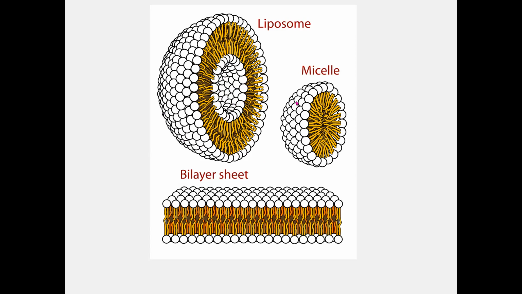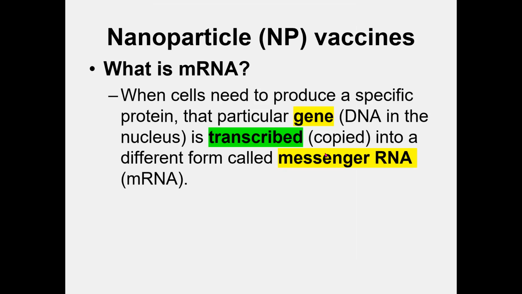And these can carry drugs around, and this is how they vary them. But these two carry the mRNA around. I should mention what the mRNA is. When the body wants to produce a protein, a piece of the gene, which is a section of DNA, is transcribed.